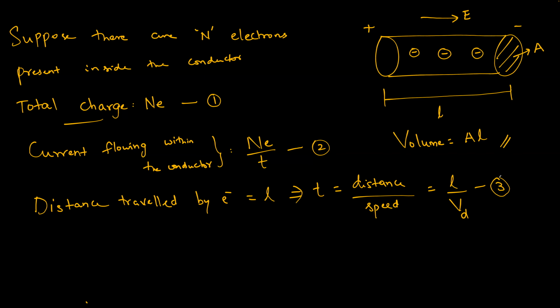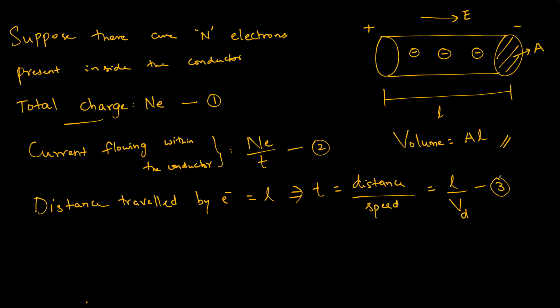So what I basically did is I tried to calculate the value of current in terms of the charge per unit time. But we know that the total charge inside the conductor is capital N into e, and I calculated the time using the basic formula of distance by speed and wrote this. So what I'm going to do is take the third equation and plug it into the second one.